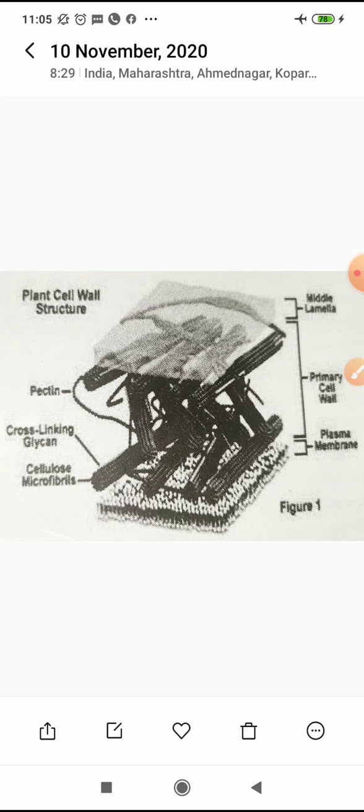Cell wall has metabolic role even. Some proteins present in the cell wall act as enzymes for transport and also for secretion. Cell wall acts as barrier to pathogens and also to water in suberized cells.